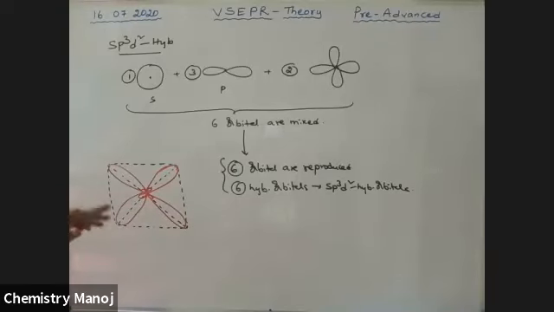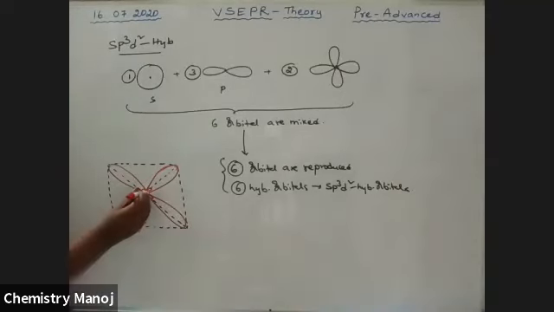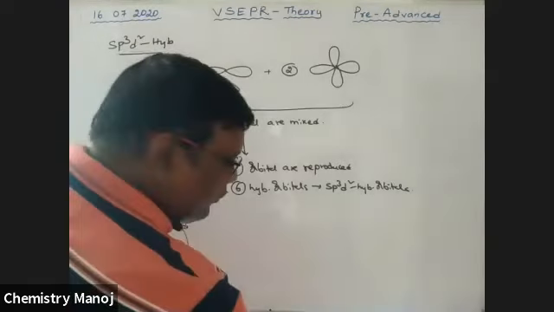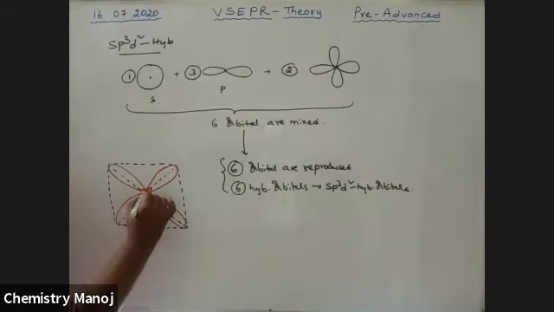Between any two orbitals, the angle is 90 degrees. And one orbital is above the plane, one orbital below the plane. Above the plane, like this, and below the plane, like this. I am representing those here with blue.